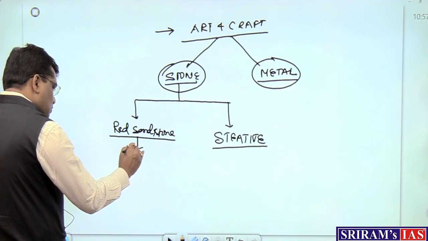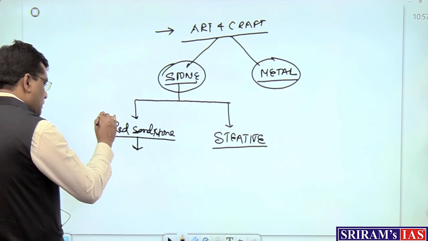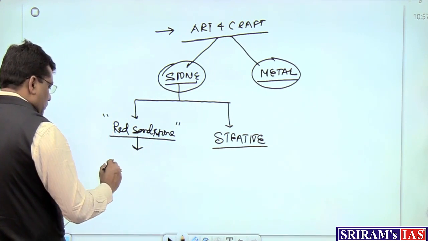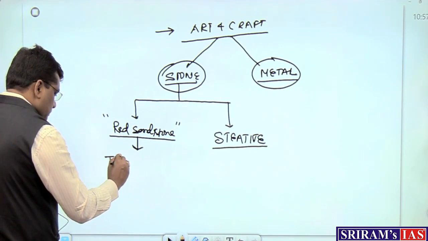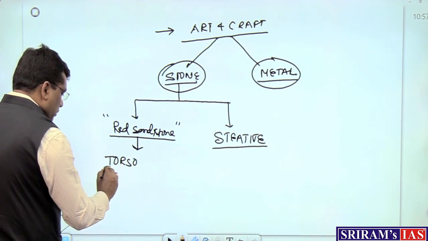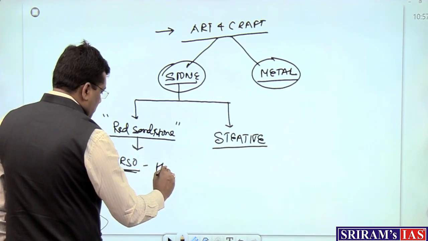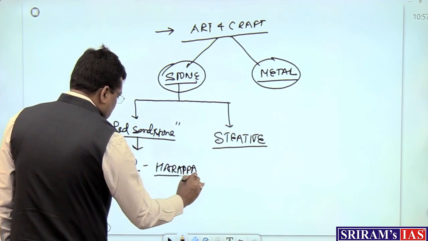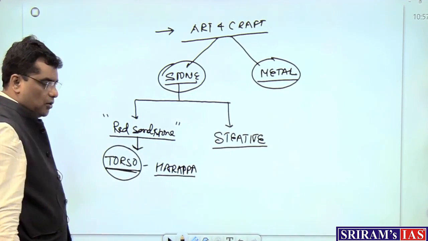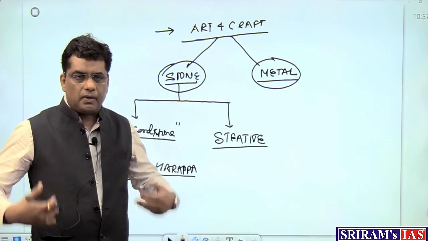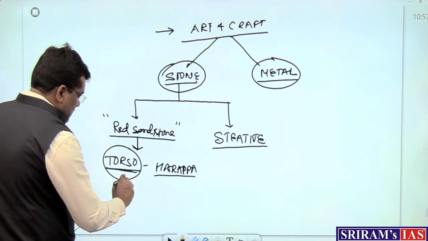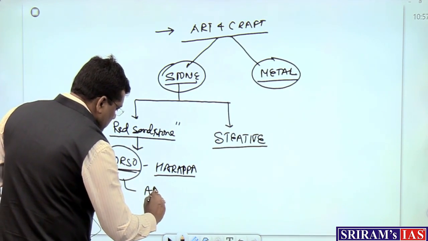So, red sandstone, we have found a torso from Harappa, from the city Harappa, which sometimes historians try to associate this torso, male torso, that is from west, above west, without head. So, this is something like Adi Jina.